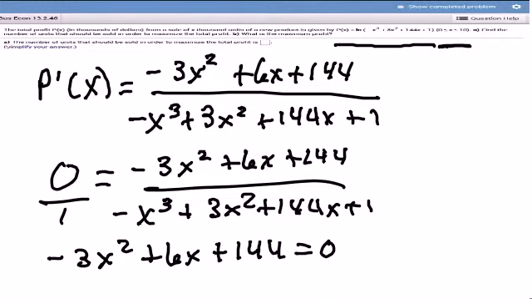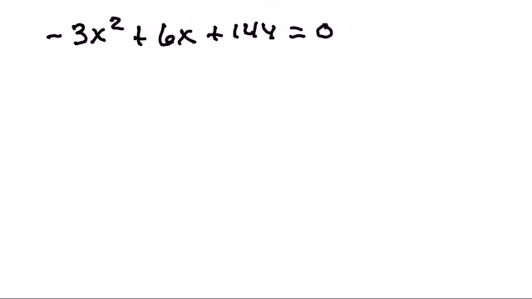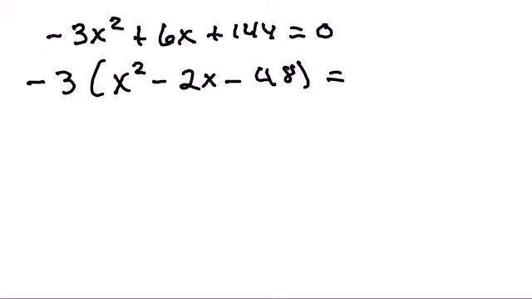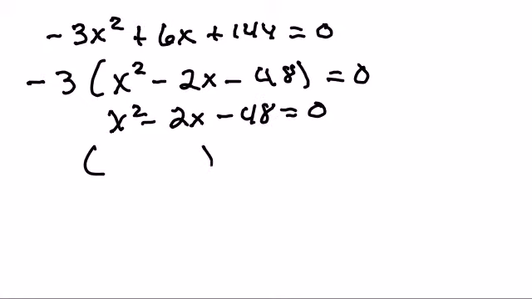We need to solve for x, so I'm going to factor this quadratic. I can factor out a negative 3, which leaves me with x squared minus 2x minus 48, and that all equals 0. Divide both sides by negative 3, and that leaves me with x squared minus 2x minus 48 equals 0. This is factorable.